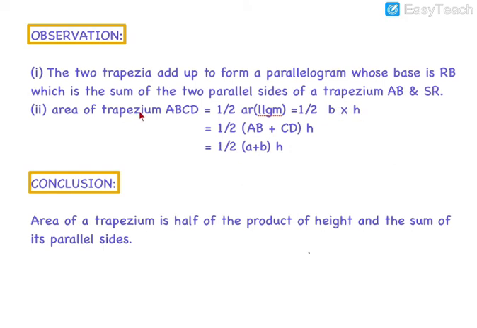So the area of each trapezium will be half base into height. The base of the parallelogram is RB, which is the sum of the two parallel sides A plus B. So the area of the trapezium is half A plus B times H. So we can conclude that the area of a trapezium is half the product of height and the sum of its parallel sides.